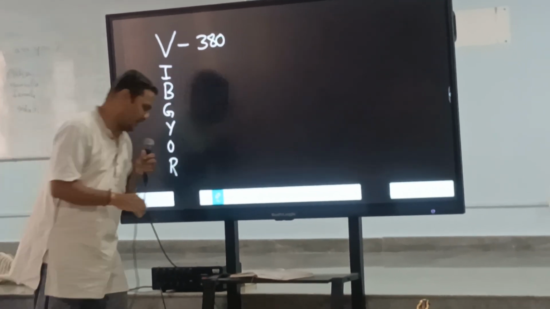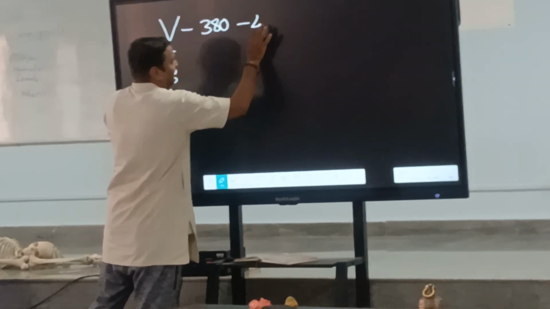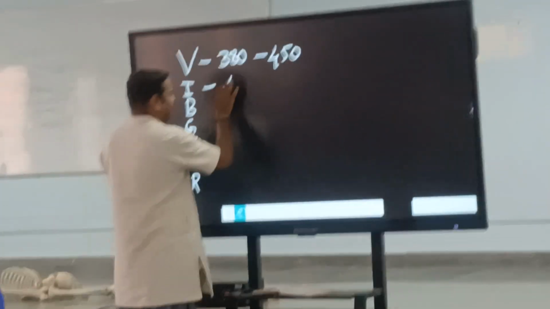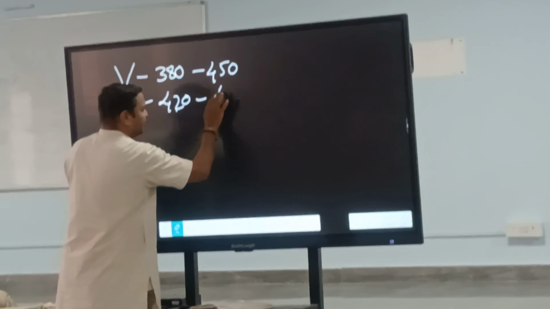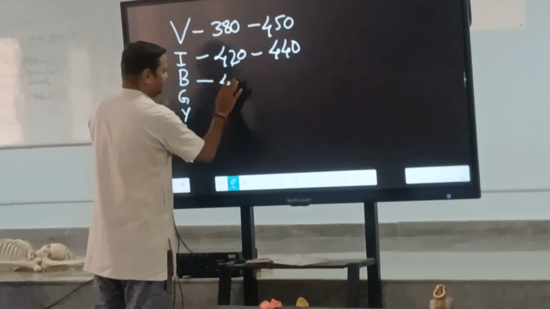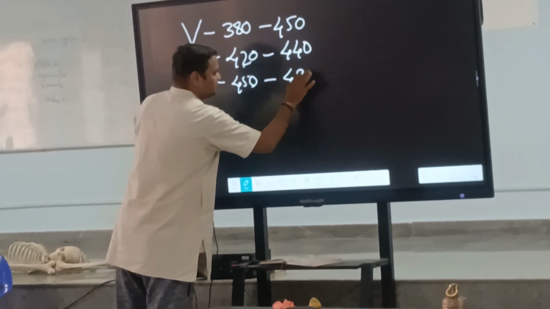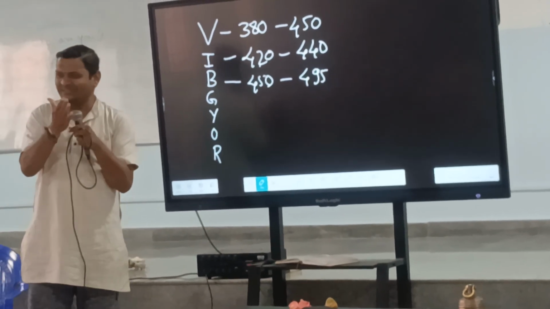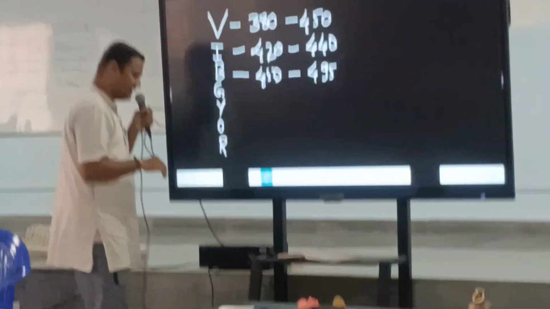So if you take violet light, it is 380 to 450 nanometer. Then 420 to 440 nanometer. Then 450 to 495, and there will be overlappings. It is not like a scale cut or a knife cut; overlappings will be there.